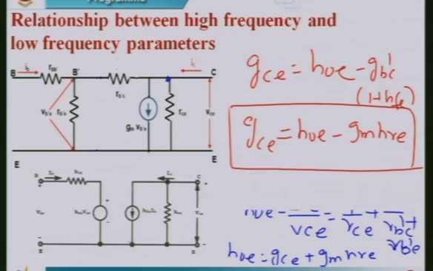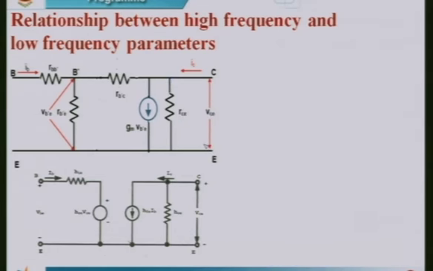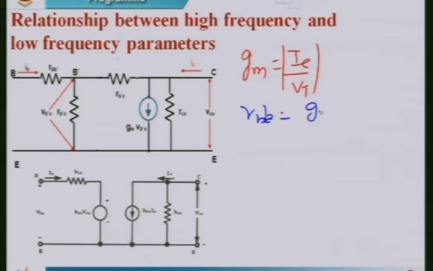we have determined the various parameters, and if you tabulate this, you are going to get gm, the transconductance of a transistor, given by IC by VT, and rb'e, the input resistance, given by hfe by gm.